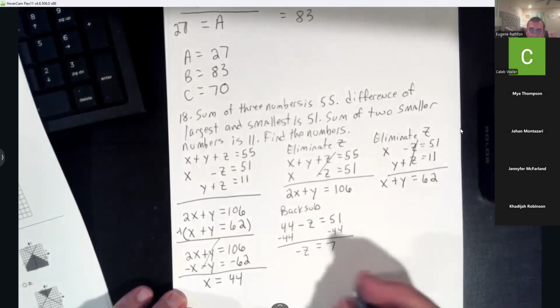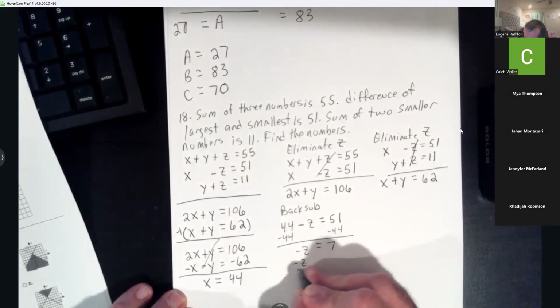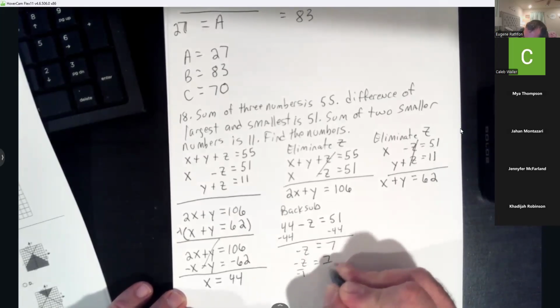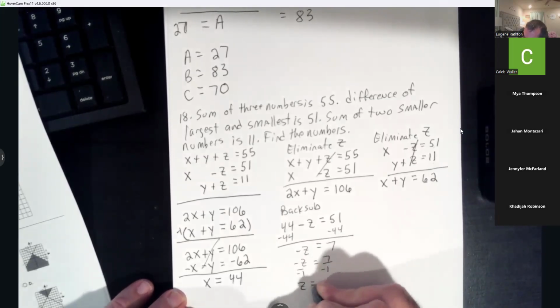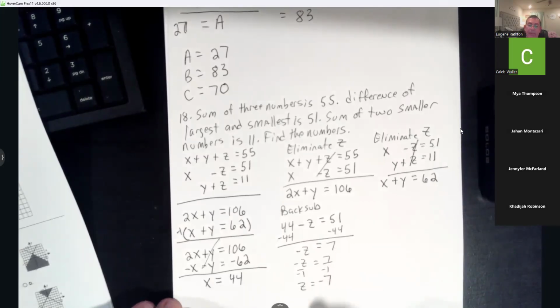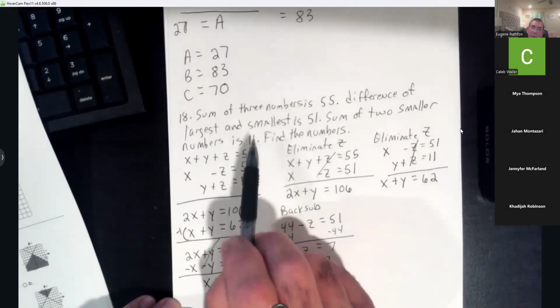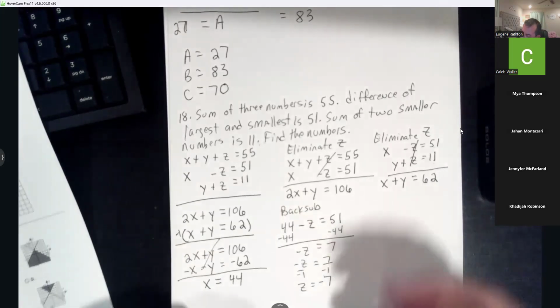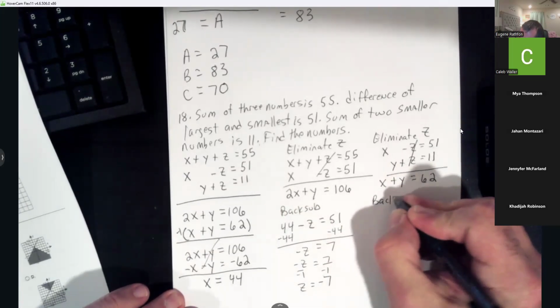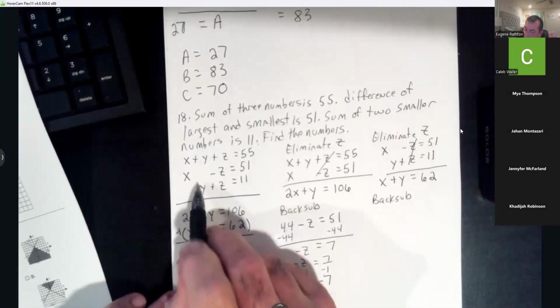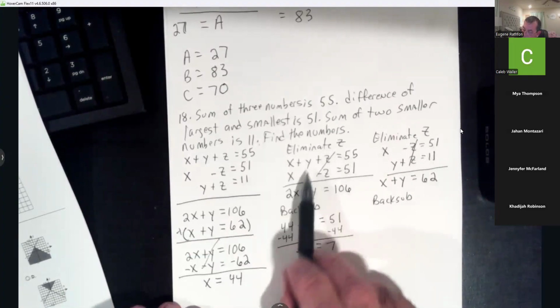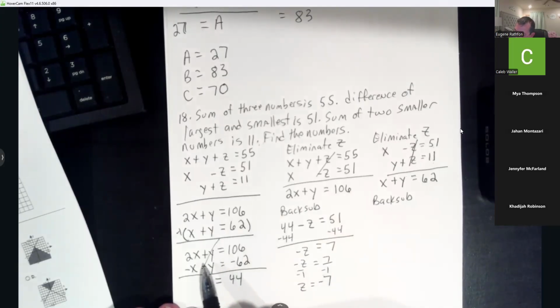But z's got to end up positive. So let's divide both sides by -1. So that z now equals a -7. One of your three numbers is always negative on this problem, okay? All right, so to get the y, the very first variable we eliminated was the y, wasn't it? Where was we at?